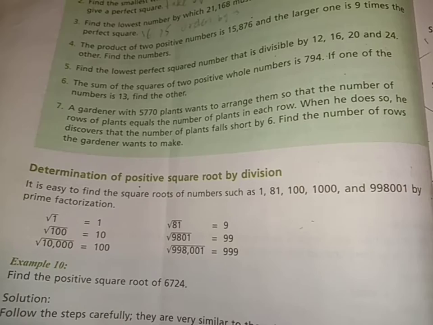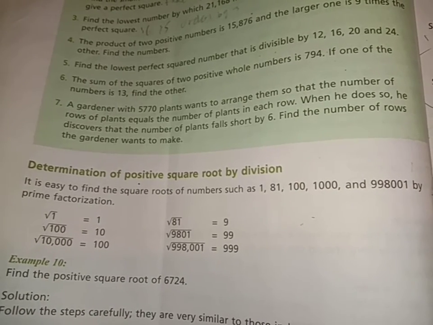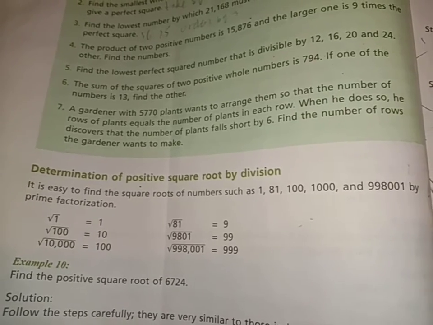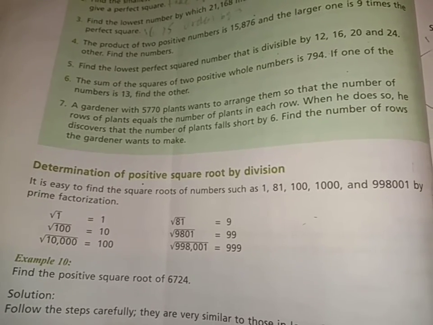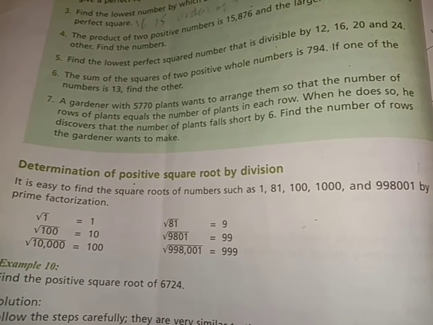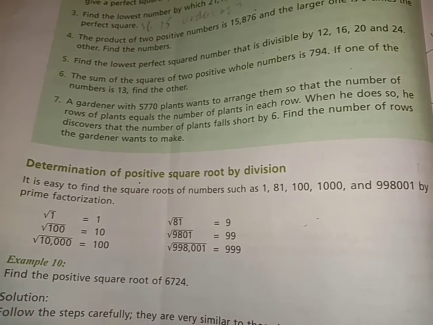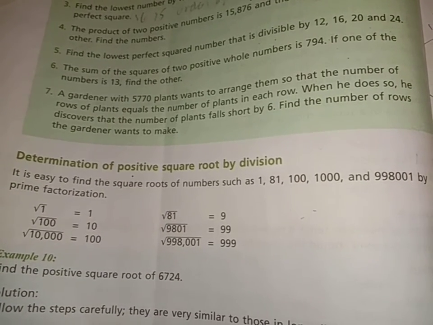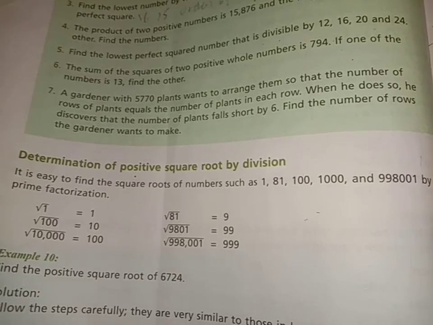When he does so, he discovers that the plants fall short by 6. Find the number of rows the gardener wants to make.